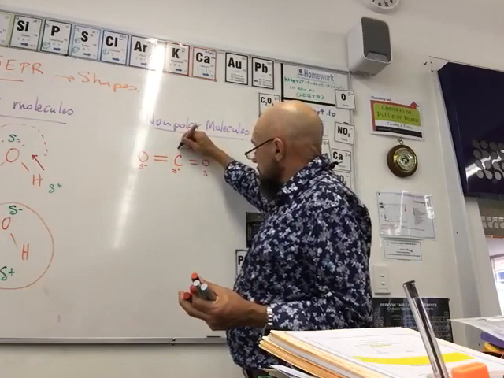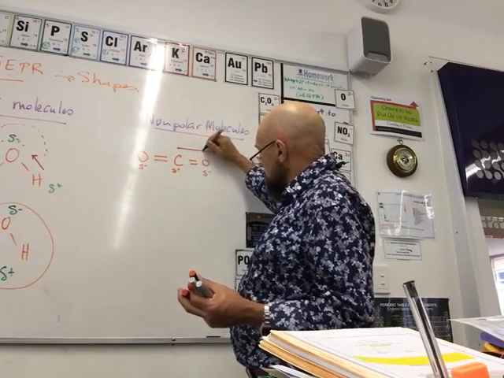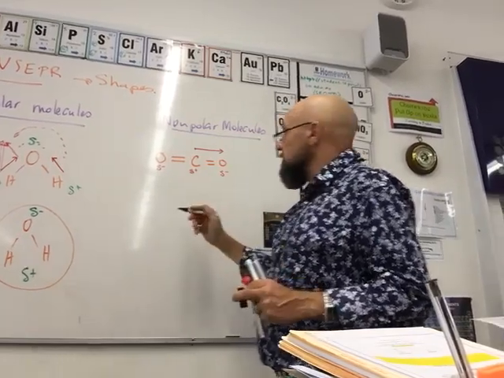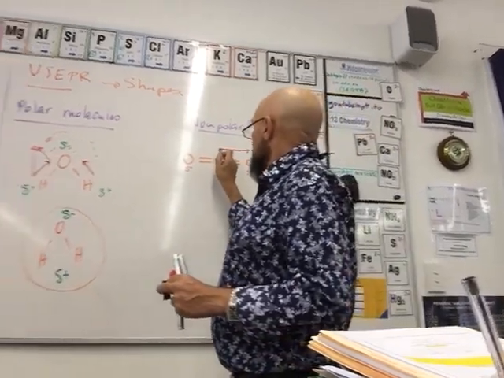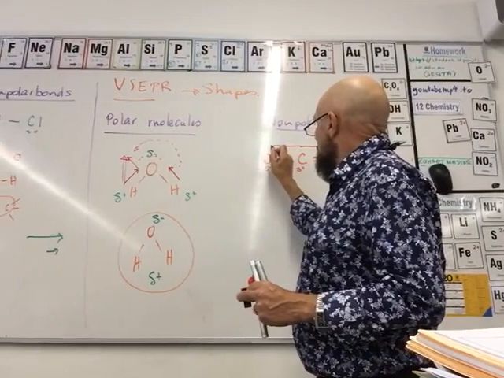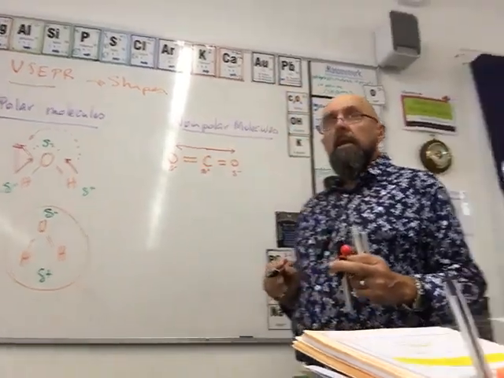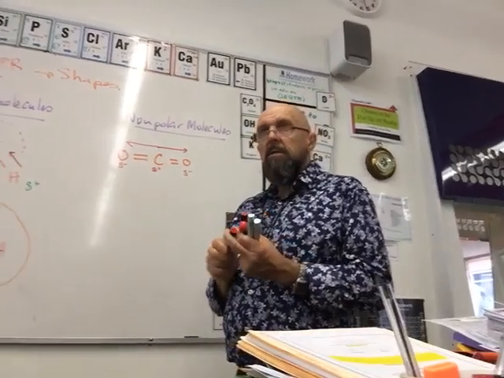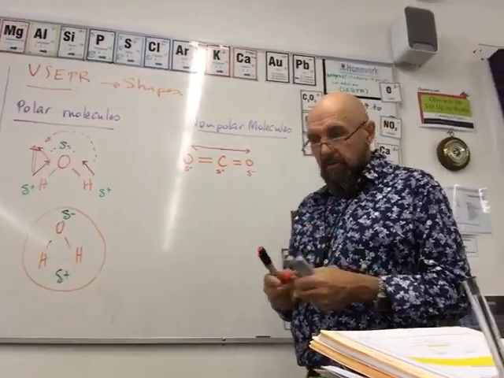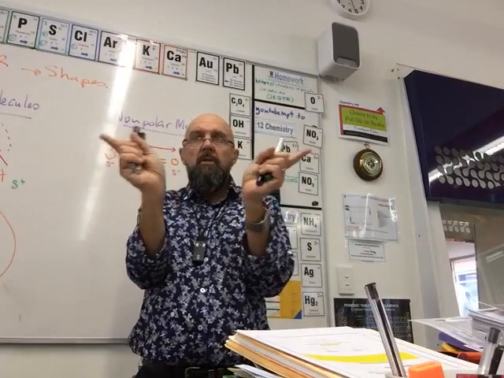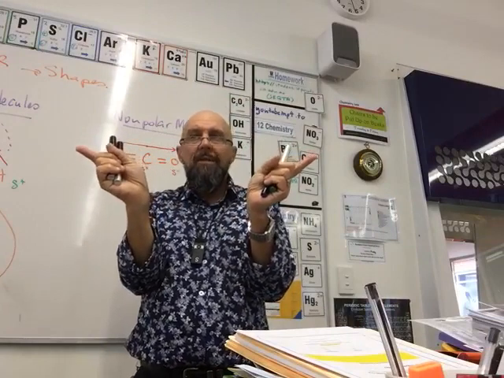Now I have this, and I'll use my vector idea again. So I've got a force in this direction. There it is. The arrow head tells me that's the negative. And I've also got a force now in this direction. Not very good at drawing, but there you go. Now, from a physics, forces perspective, if I've got two forces in the same line pulling away from one another, what's the resultant then?